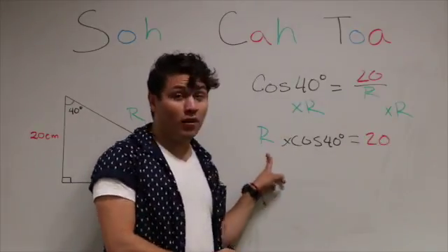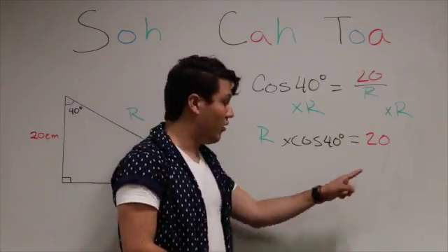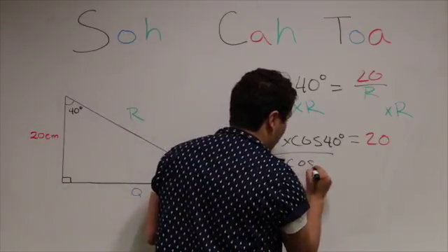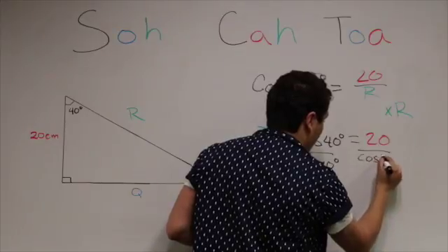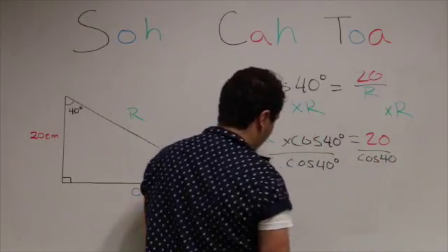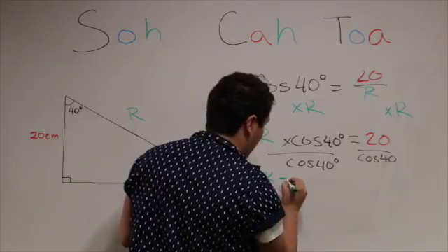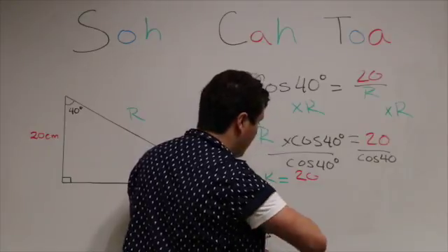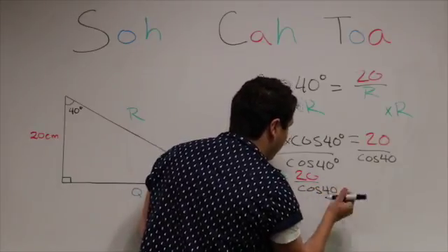Remember, we're trying to get r alone, so we have to divide by cosine of 40 degrees to both sides. So we get r is equal to 20 divided by cosine of 40.